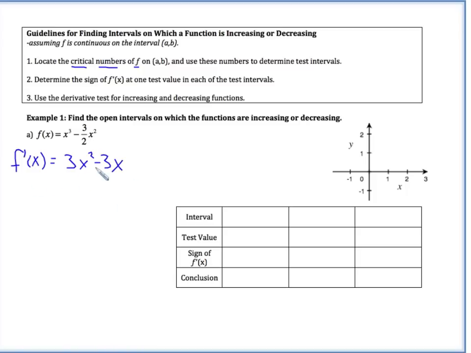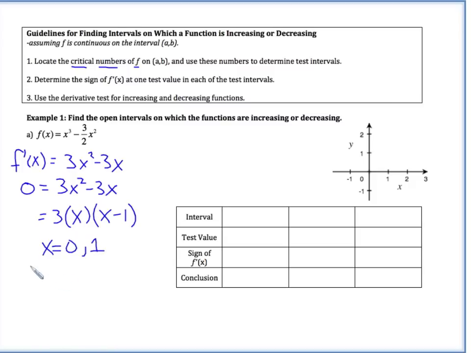After we find the derivative, we set this equal to 0 and solve. We can divide everything by 3 here, and if we factor this out, we would get 3 times x minus 1. And so here, x equals 0 or 1, and these are our critical numbers.